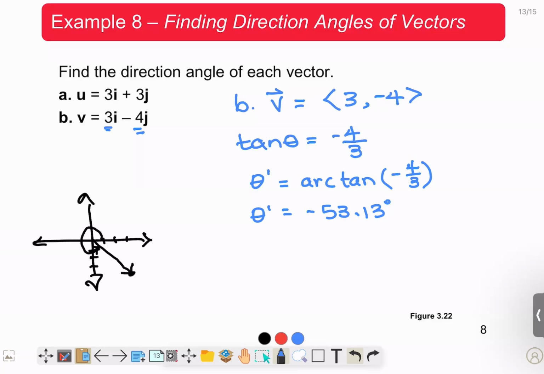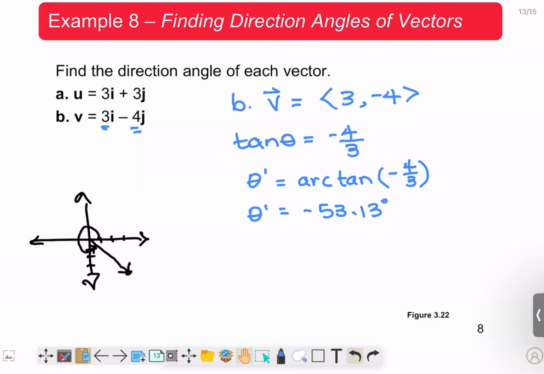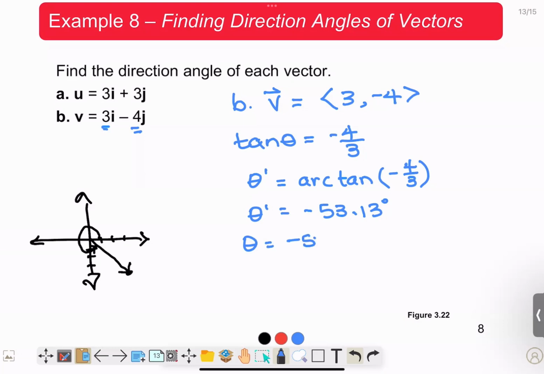Remember, finding a coterminal angle, theta is negative 53.13 plus 360 degrees, and that comes to about 306.87 degrees. So this angle looks the same, but it's the one that's measured positively and rotating counterclockwise from the x-axis. So here's our direction angle.